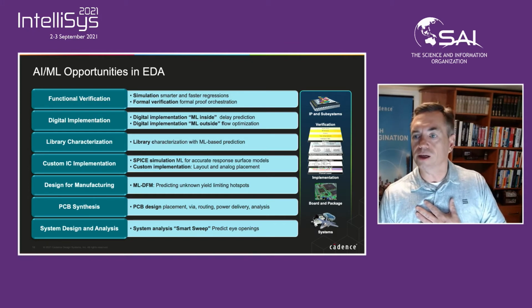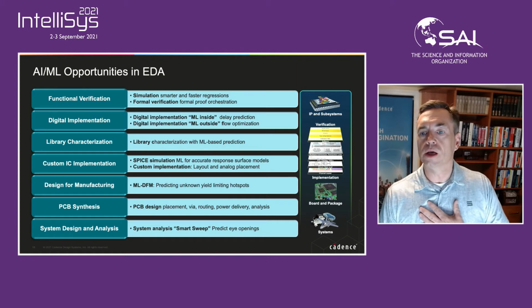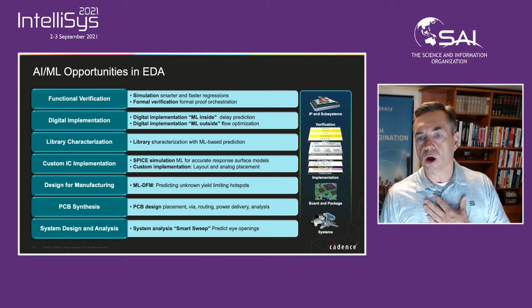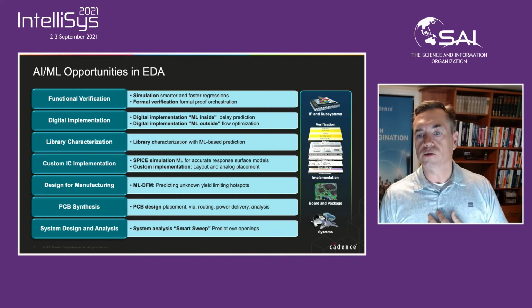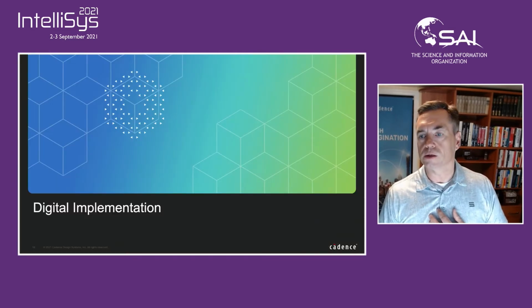But we are, for example, characterizing the technology libraries. We are dealing with yield in the area of design for manufacturing, trying to get the best yields from silicon implementation, all the way to optimizing the system analysis when you put together the system.